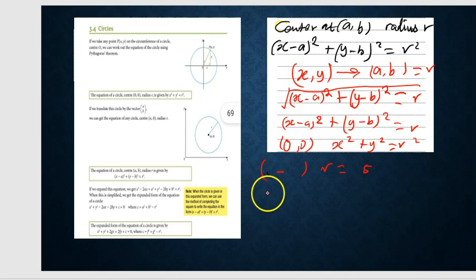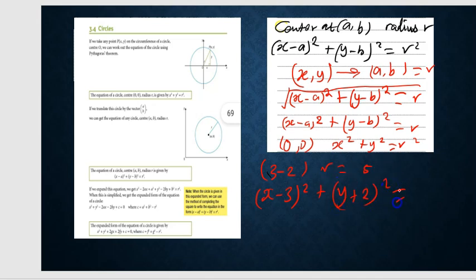The equation of the circle becomes (x minus 3) squared, then plus (y minus b), here y minus negative 2 becomes y plus 2, squared.